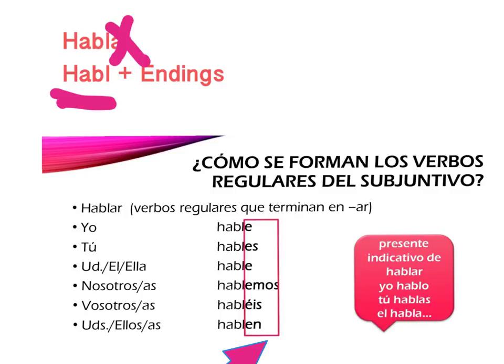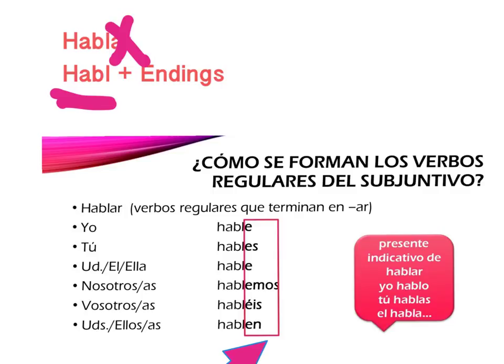And if you compare the conjugation of hablar in the subjunctive with the indicative, you can listen to the difference. Like hablar in the indicative, yo hablo, tú hablas, él habla, nosotros hablamos, which is kind of different.